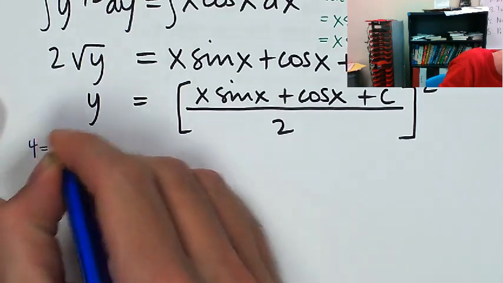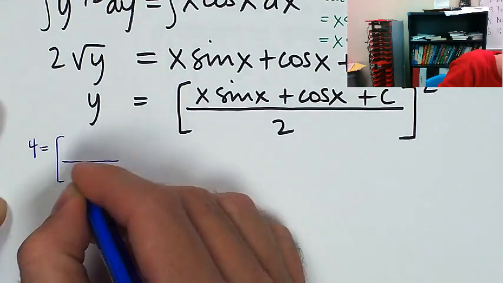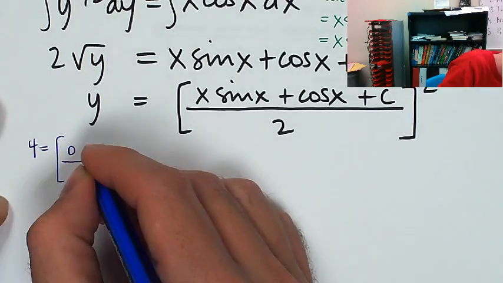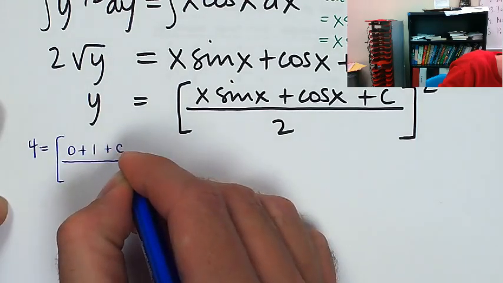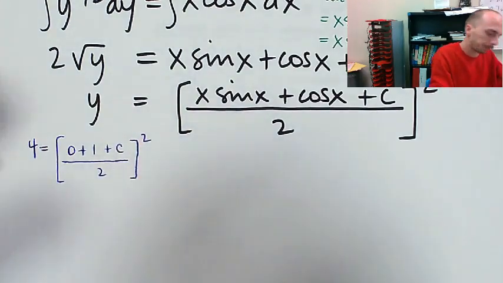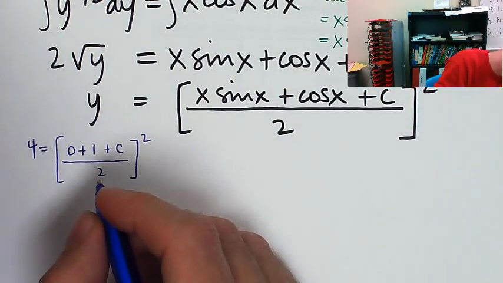So f of 0 equals 4. So 4 equals something divided by 2. So 0 sine of 0, so that's 0, plus cosine of 0 is 1, plus c, all divided by 2 squared.